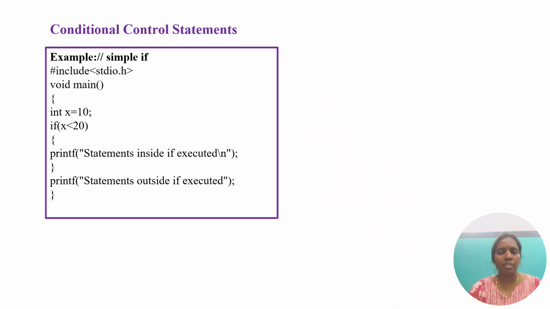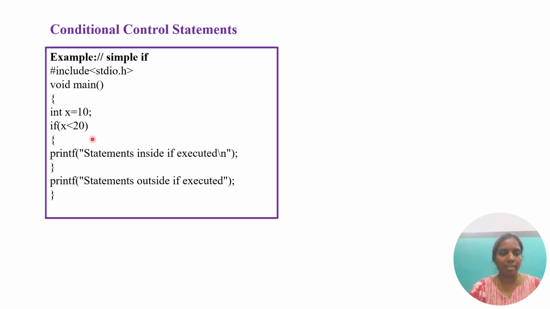So the next is a conditional control statement. This is a code snippet showing a simple conditional control statement. We start with the program. Here the integer value is initialized as x is equal to 10.